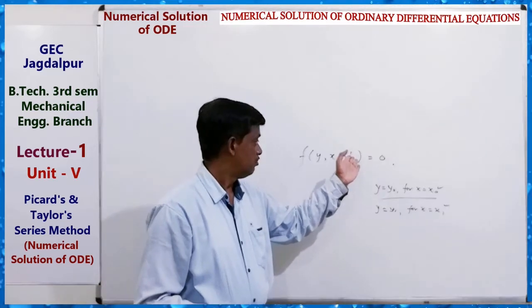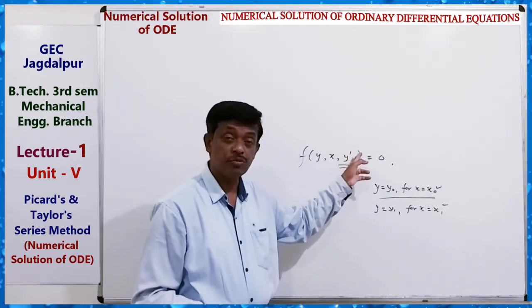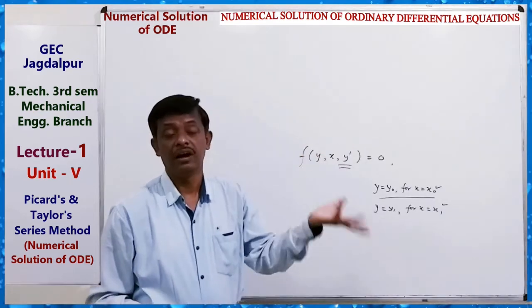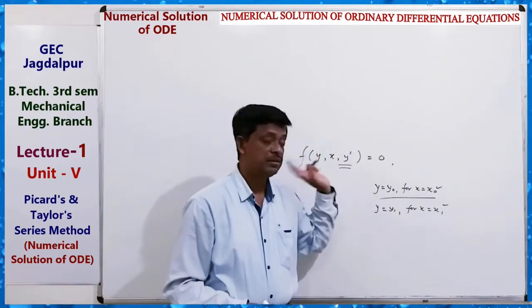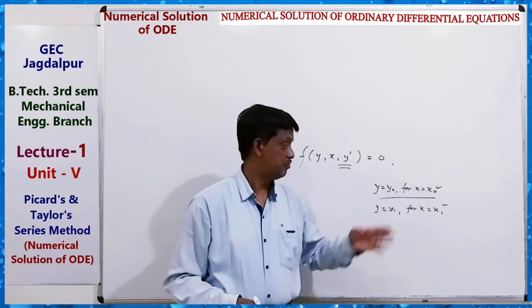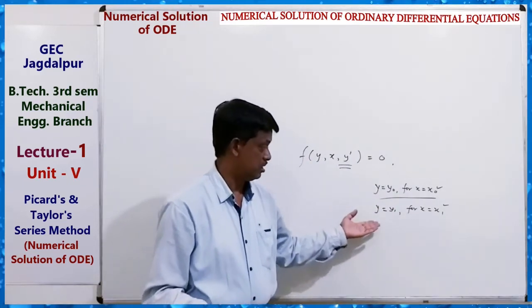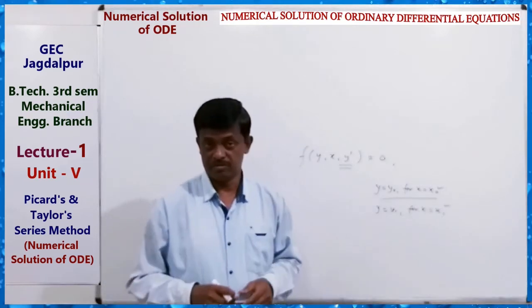If it will also contain y double dash, second derivative, third derivative, then it is a differential equation of higher order with conditions. So if single condition, then initial value problem. If double condition, then boundary value problem.